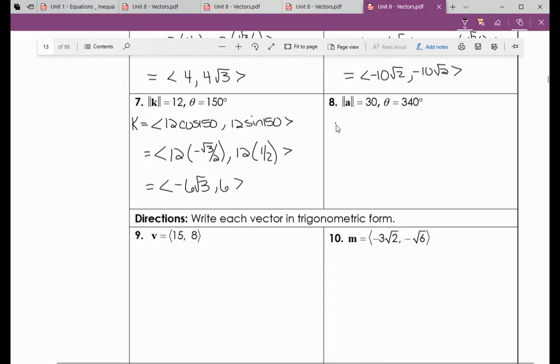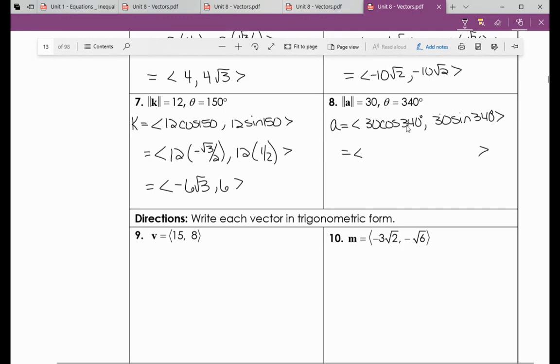Last one of these, I am going to take my magnitude multiplied by cosine of 340 and my magnitude multiplied by sine of 340. Now, the difference here is I cannot give an exact value because sine at 340 is not a unit circle angle. So you are probably going to be given the option of rounding.